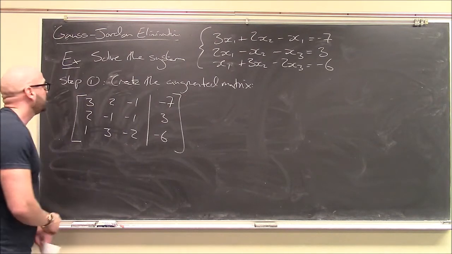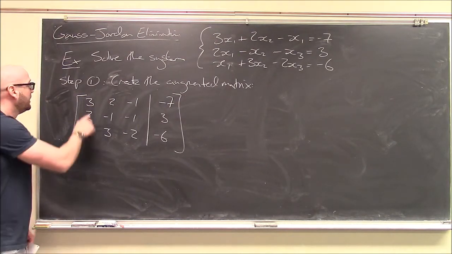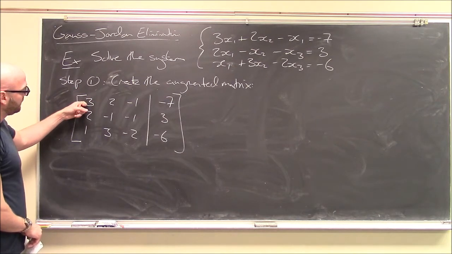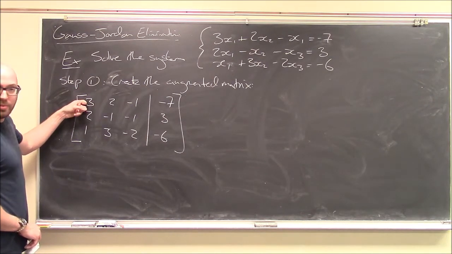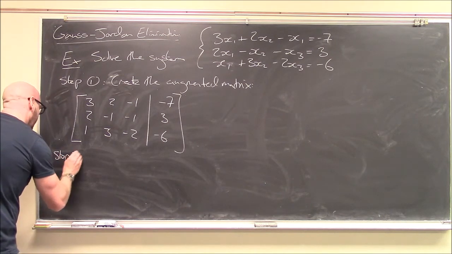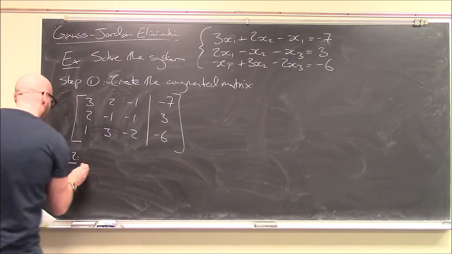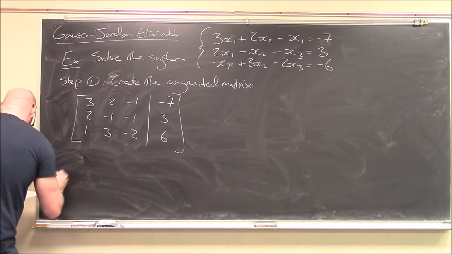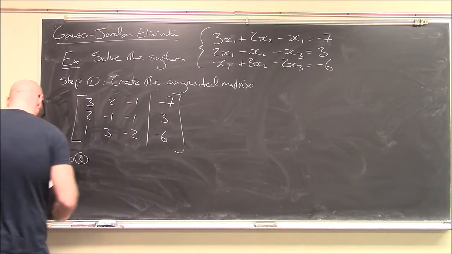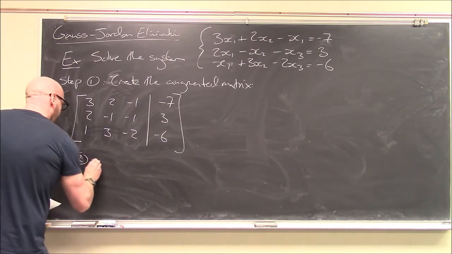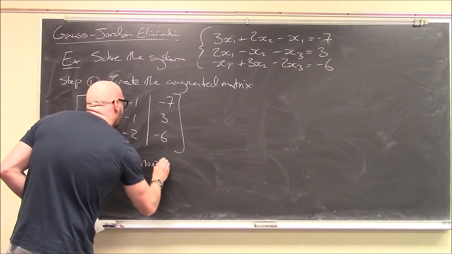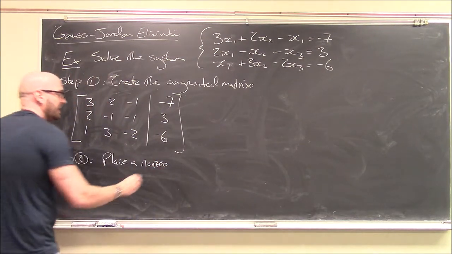Step 2 is going to be basically what we did last time. In my first column, I always want to put a 1 at the top. So step 2: place a non-zero entry.